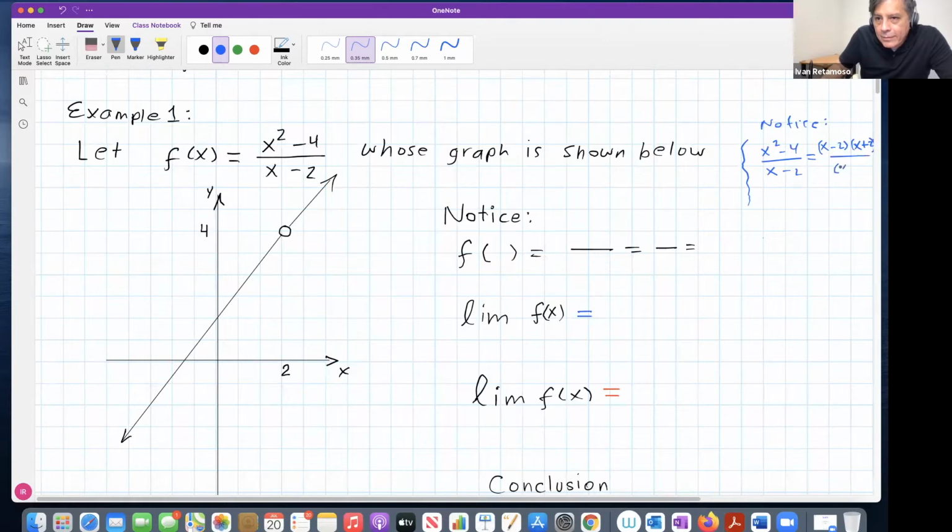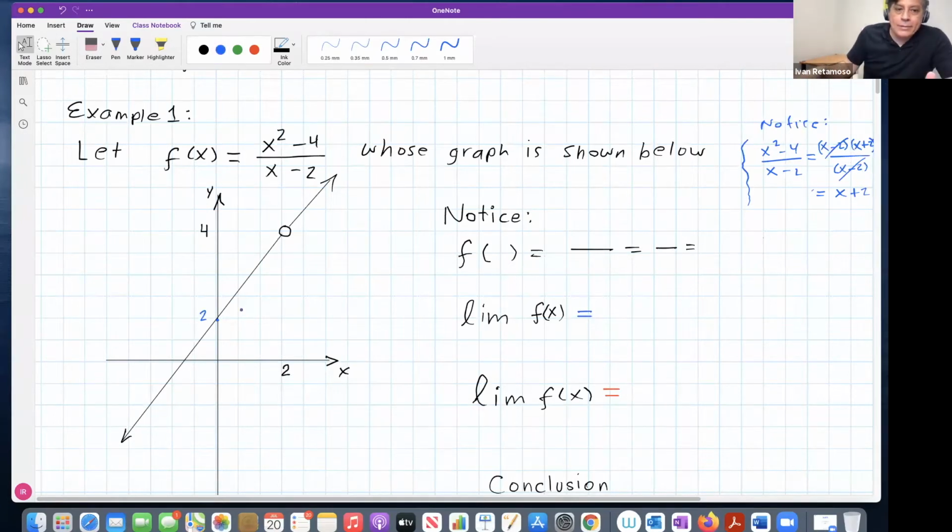I'm just going to give you this in advance for you to believe that this is just a line. It's just this, x plus 2. And isn't the graph of y equals x plus 2 a line? It is, right? Meeting at the y-intercept 2, a slope 1. Yeah, so it is that.